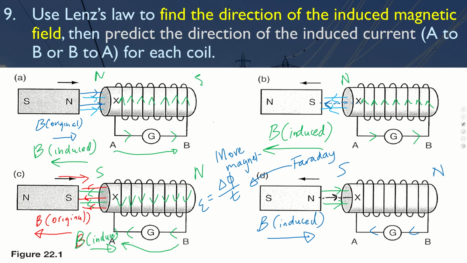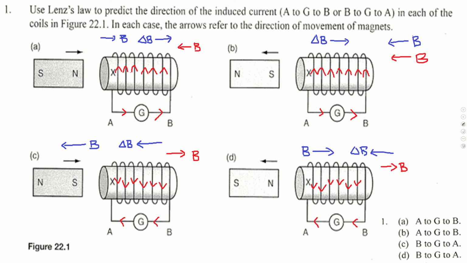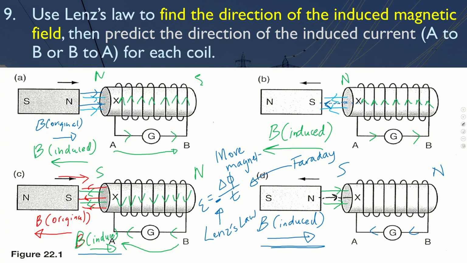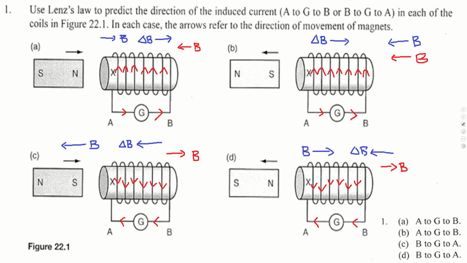The thing that we can learn from this is then the negative of Faraday's equation, and that is Lenz's law, which says that the EMF we produce will produce a current that produces an induced magnetic field that opposes the original change that caused it. And so there are the answers we have there, which are exactly the same as the ones I have here.